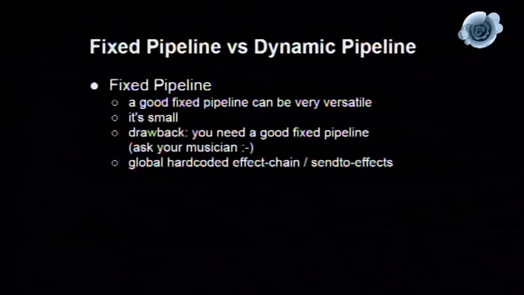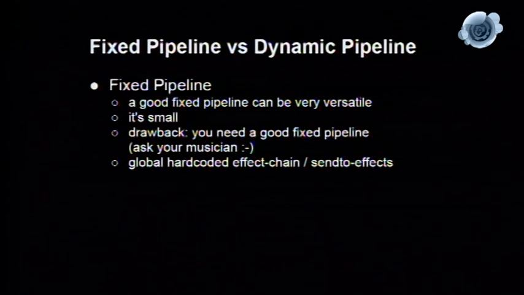So, fixed pipeline versus dynamic pipeline. What do I mean by a fixed pipeline? All your code is static. All your oscillators and filters are static. They have a static path. A good fixed pipeline can be very versatile indeed.